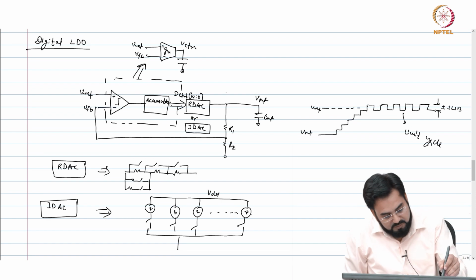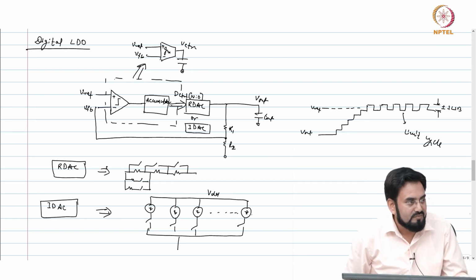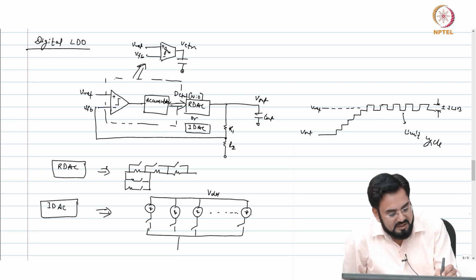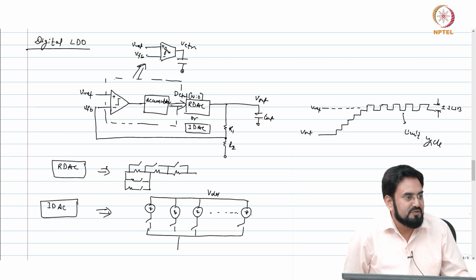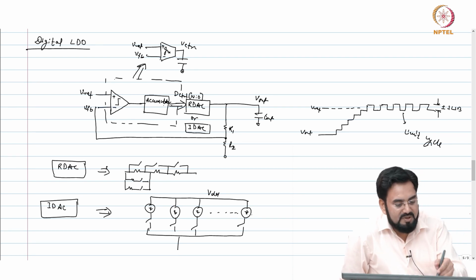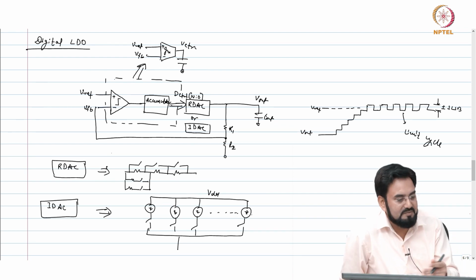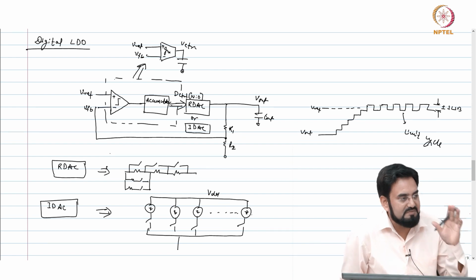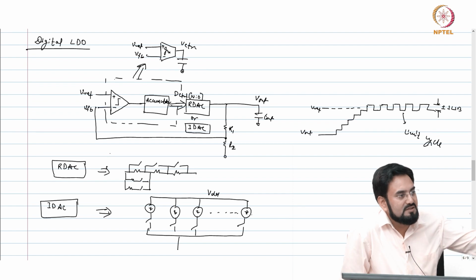If you move around the loop, your accumulator is very slow, which means your accumulator has to wait until your output settles before you take any decision. So your dominant pole should be at the accumulator, because this is an integrator, that is why it becomes a first order system, which means your output pole should be outside your UGB.